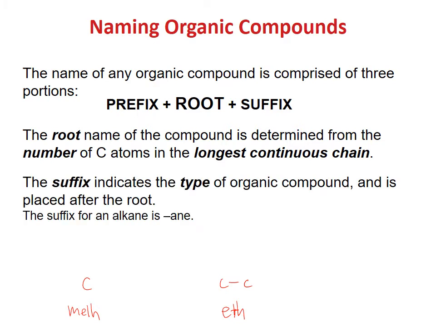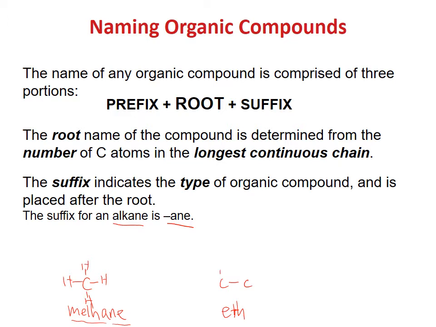The suffix indicates the type of organic compound and is placed after the root. For example, if this carbon is connected to 4 hydrogens with a single bond, we know it's an alkane, and the suffix is A-N-E, so we add A-N-E after the root meth, and this is called methane.